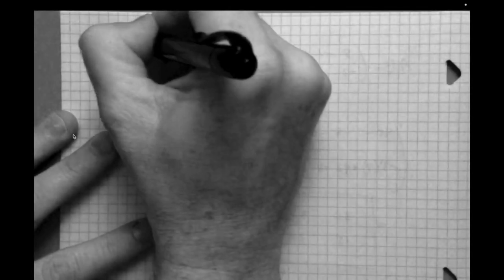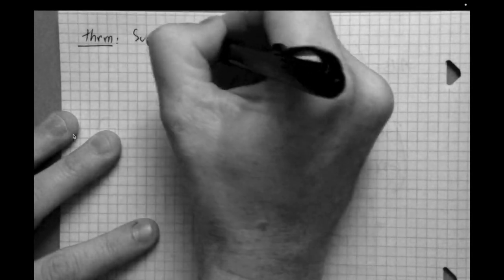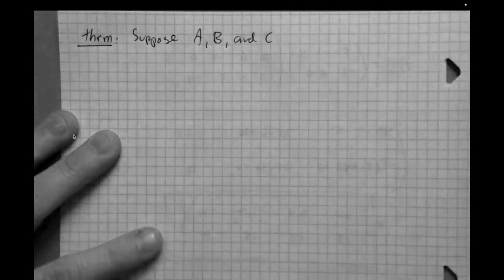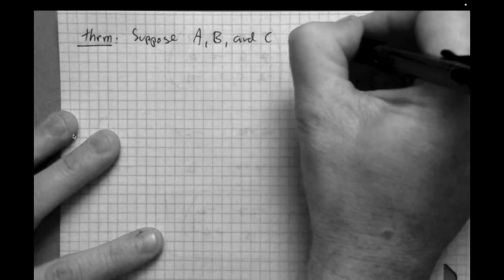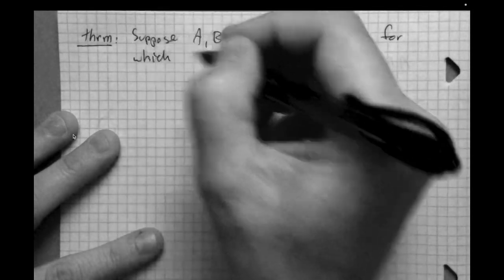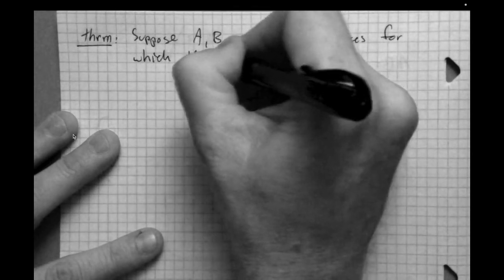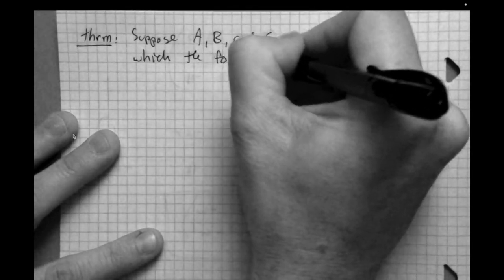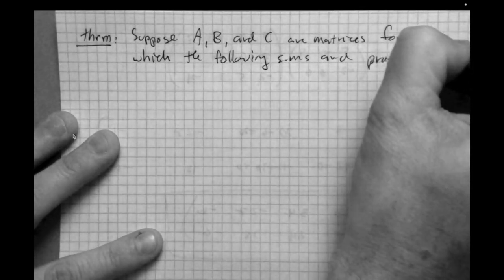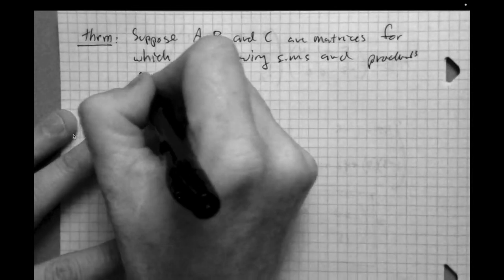So suppose A, B, and C are matrices for which the following sums and products are defined.